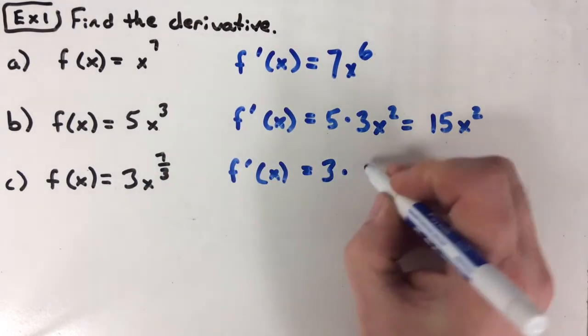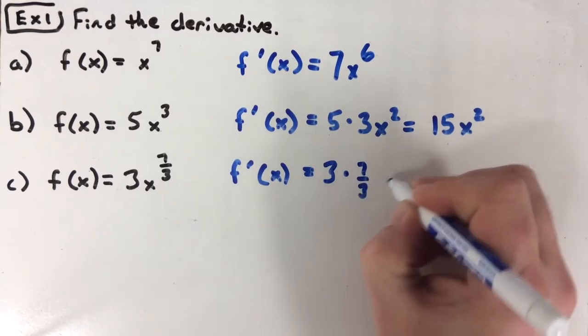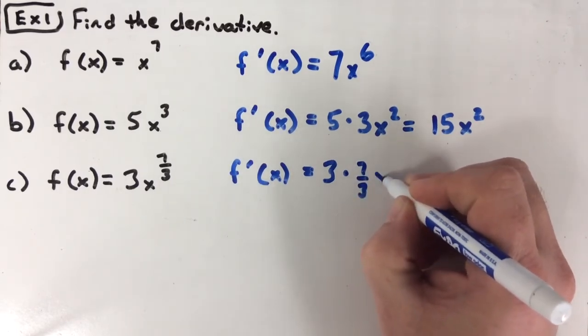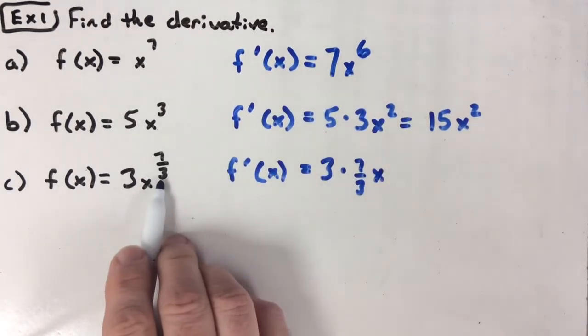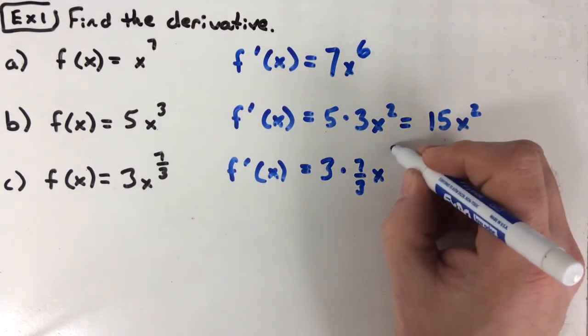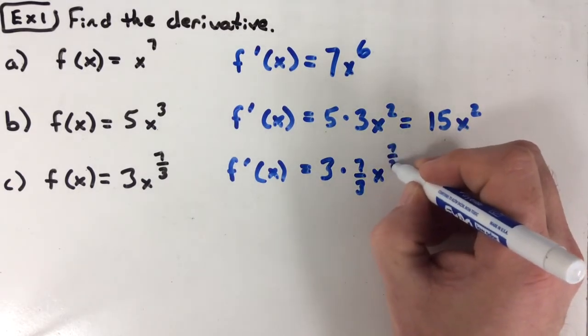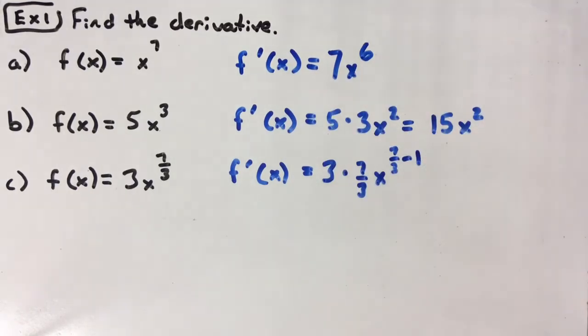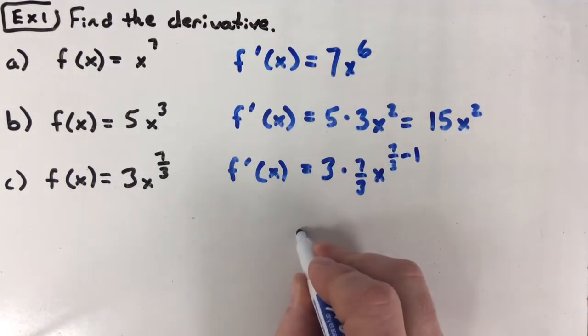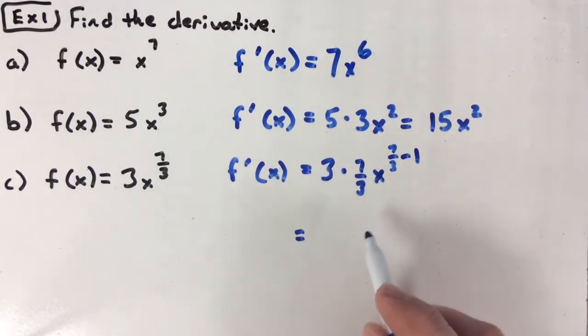take the exponent and we write that in front. And then we have x to the, and we need to reduce the exponent by 1. So we're going to be doing this. It was 7/3. We need to subtract 1 off of that. So you end up with this for your answer.